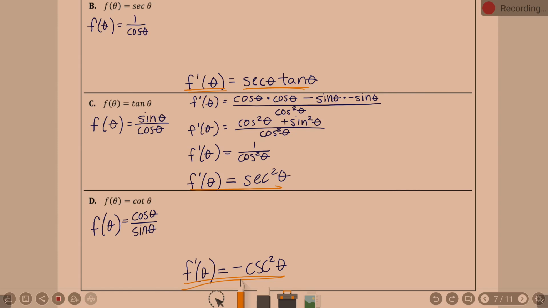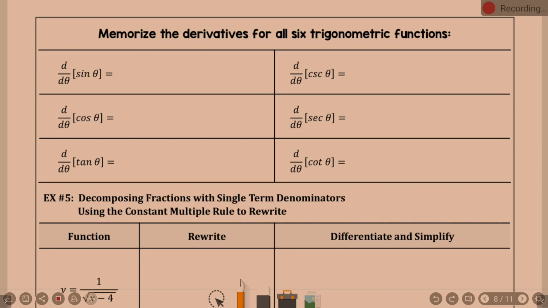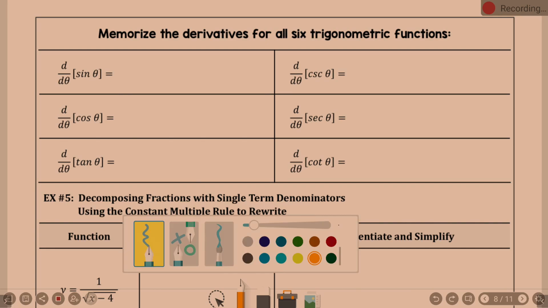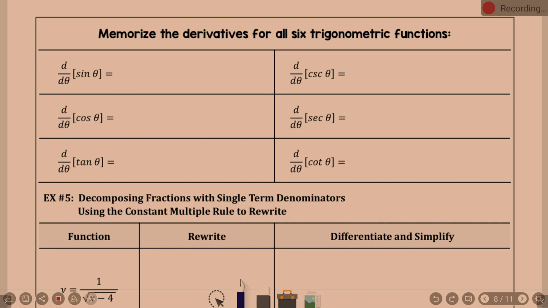Top of the next page is a chart to collect all of these answers in. Derivative of sine is? Cosine theta. Derivative of cosine theta is? Derivative of tangent theta? Secant squared theta. Derivative of cosecant theta?